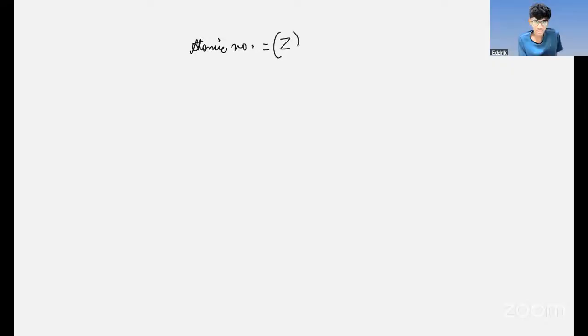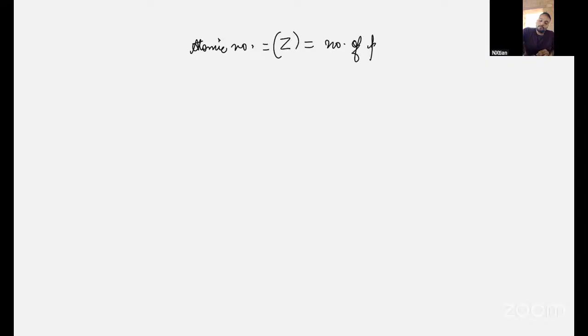I'll just give a quick review of this for your information. Atomic number is denoted by Z, which means the number of protons. What does it mean? Number of protons means how many protons are there.